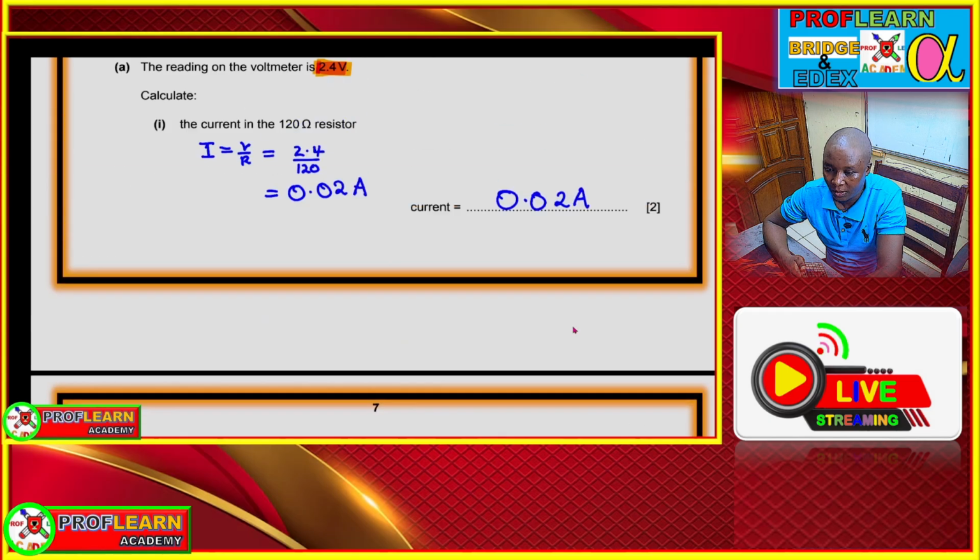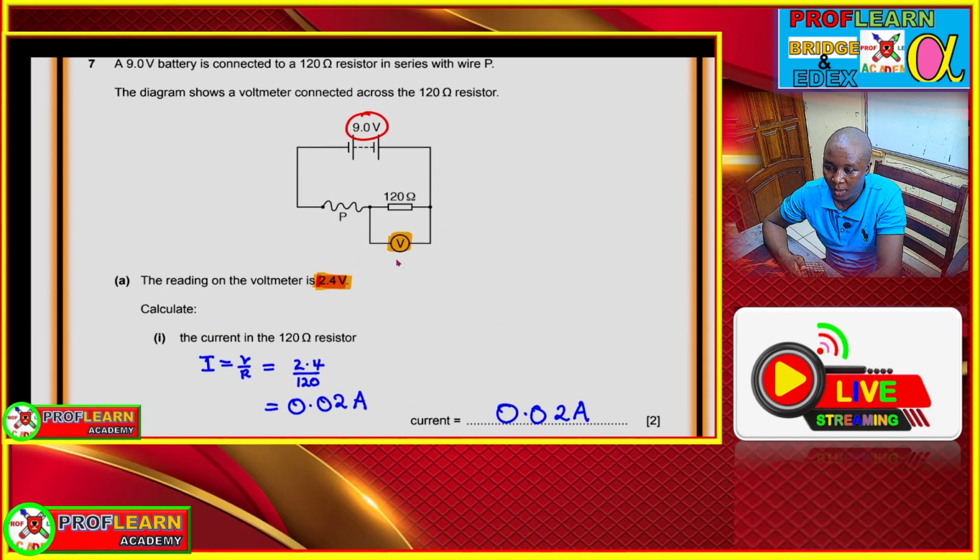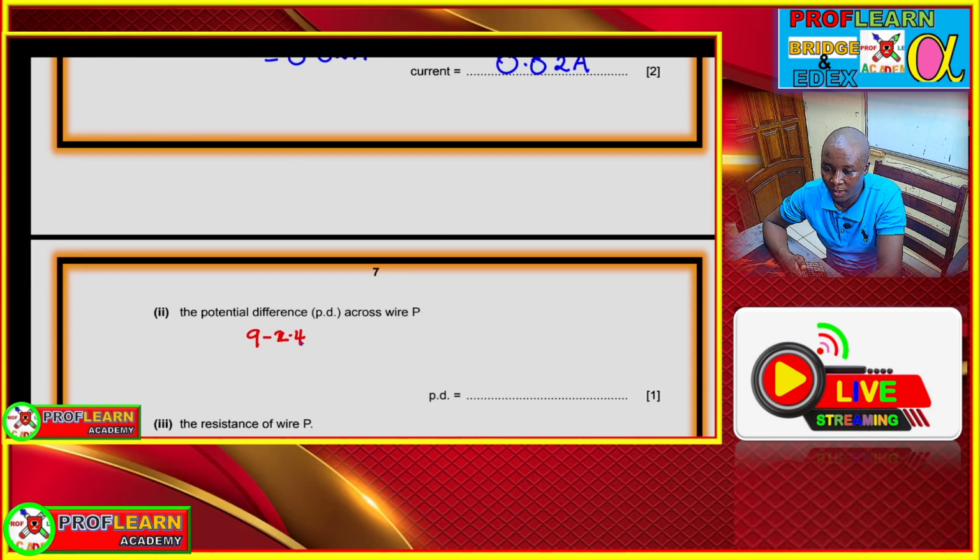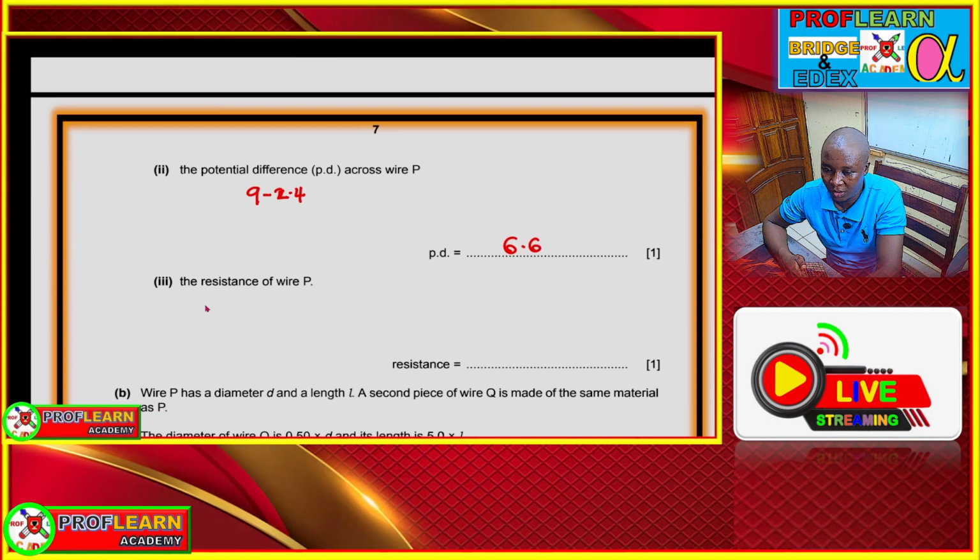That's the current. Then we are supposed to work out the PD across P. Remember, we had 9.0 as the EMF, and the PD across 120 was 2.4. So to get P, we subtract: 9 minus 2.4, and that's going to give us 6.6.